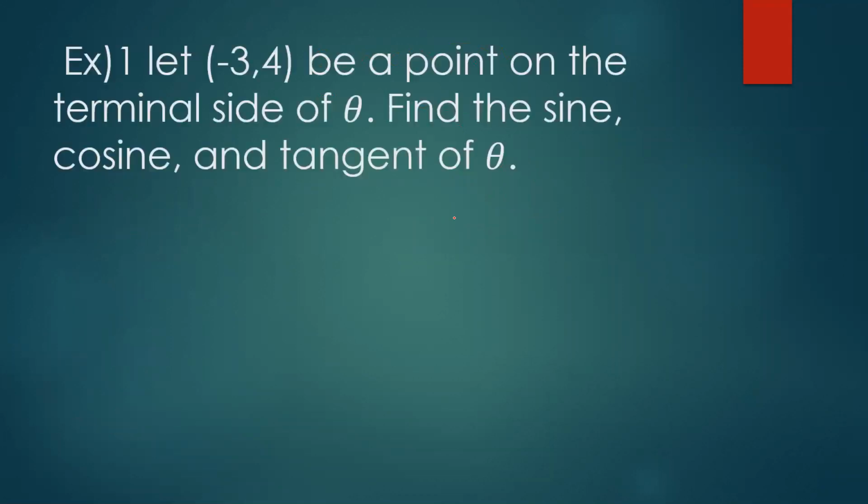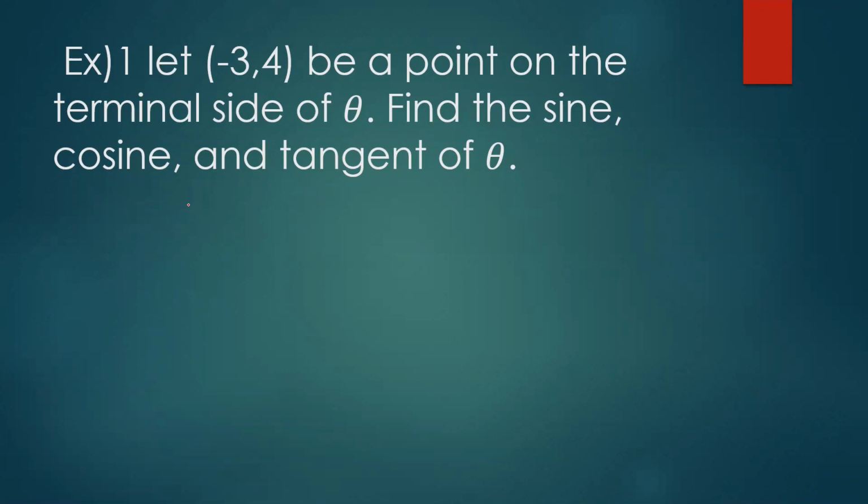Okay, let's do the first example. In example one, you're given a point, -3, 4, on the terminal side of theta. Find the sine, cosine, and tangent of theta. When you do these problems, always draw the triangle on the Cartesian plane.